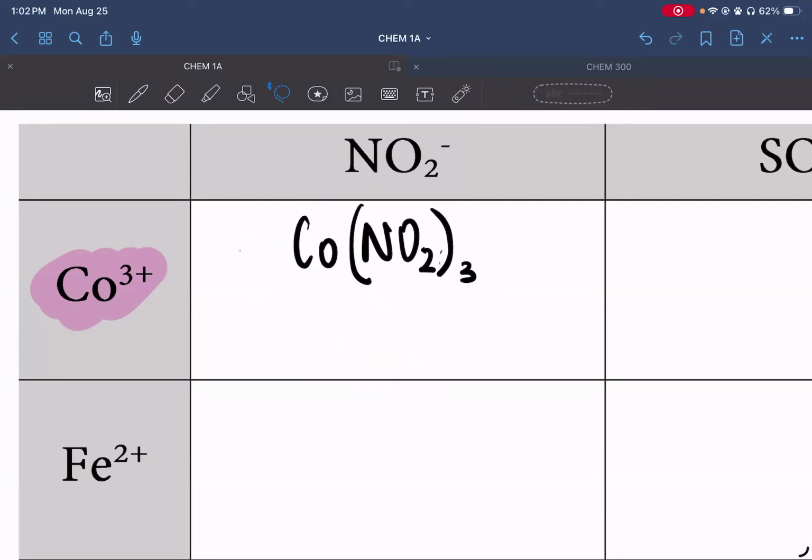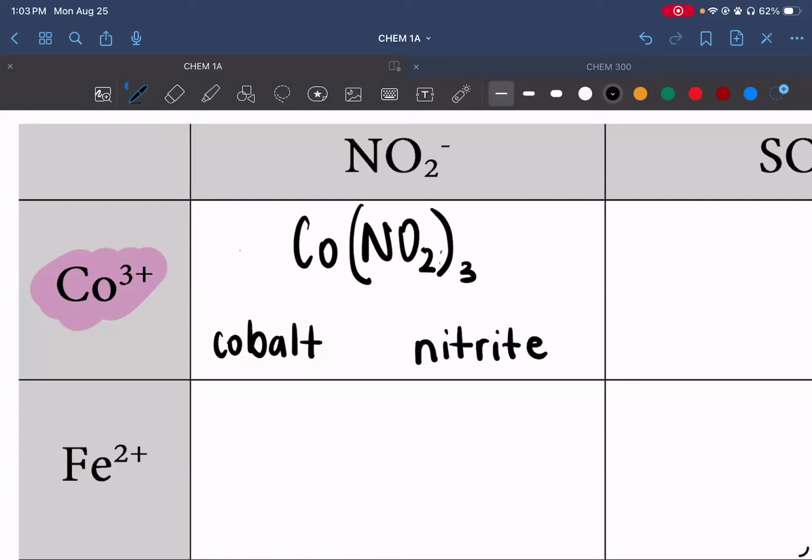We have here a metal, a transition metal, and a non-metal. So the name is going to go cation first, cobalt, no change. Then the non-metal, in this case, NO2 is nitrite. So you don't drop the suffix to "ide" because the name is set. What am I missing?